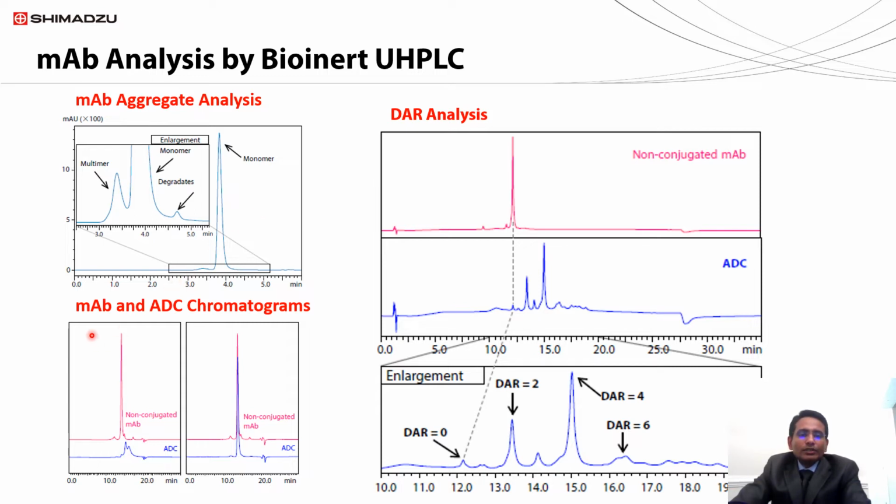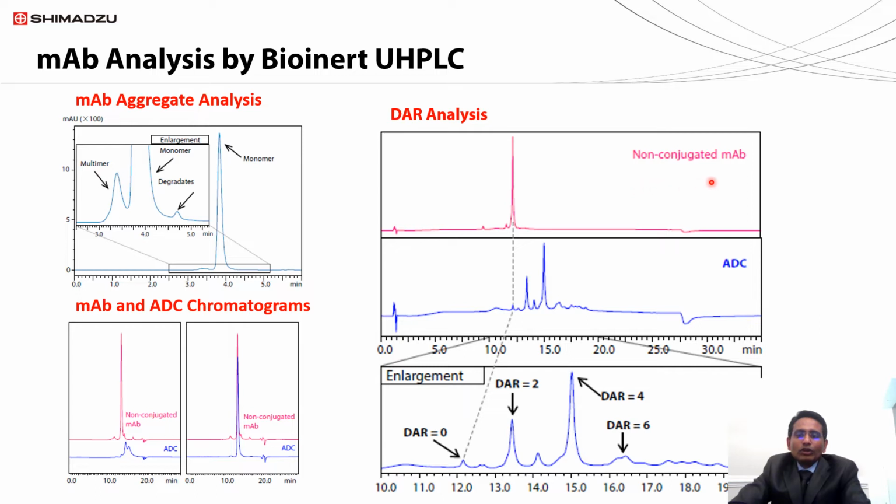And then if you see mAb and ADC chromatograms, upper panel and lower panel, and two types of mAb and ADC. One is non-conjugated mAb, that is the pure mAb, and another is the conjugated, that is antibody drug conjugates. All of this analysis is called drug to antibody ratio analysis.